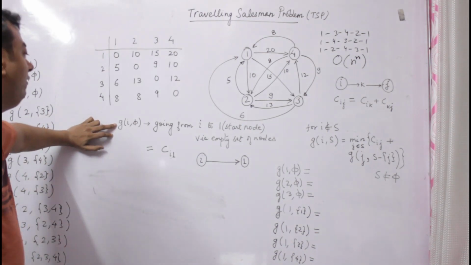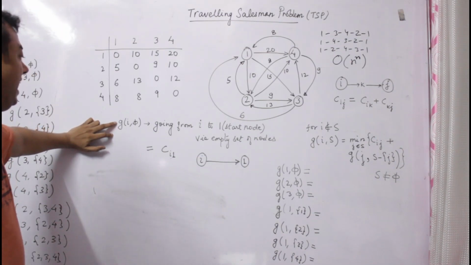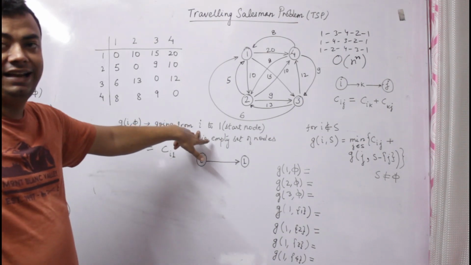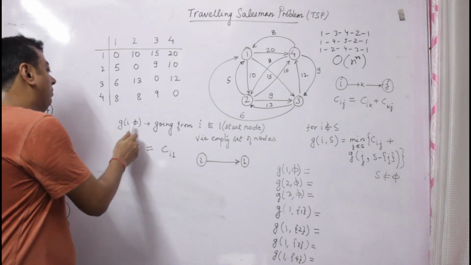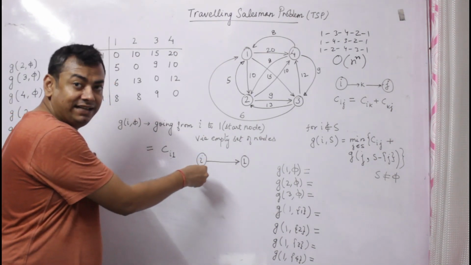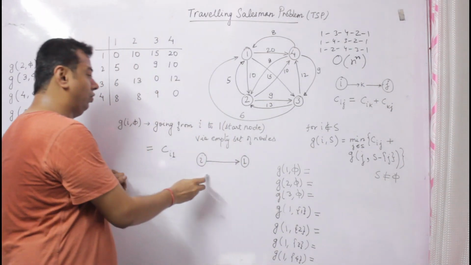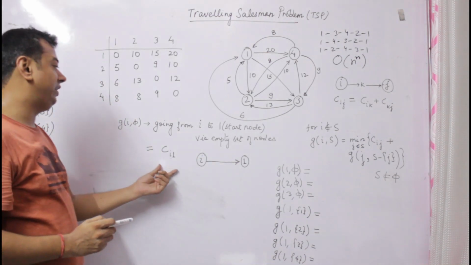Now G of I comma phi. So what is G of I comma phi? It means going from I to 1, that is the start node. G of I comma phi means we are currently at the ith node, and we have to go to 1. So there is no intermediate node in between. So what is the cost?